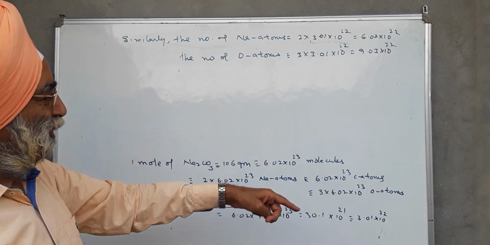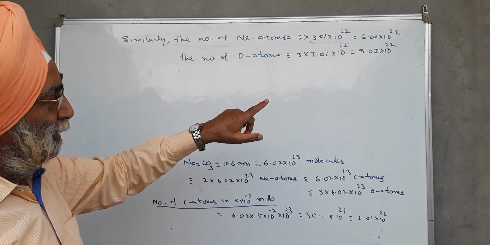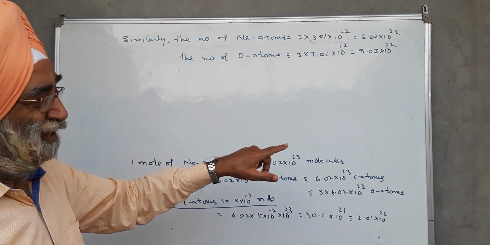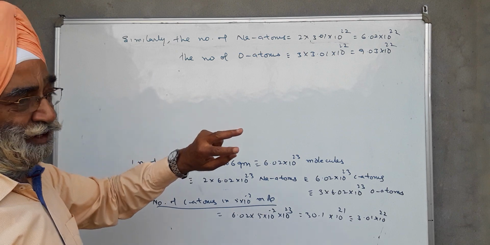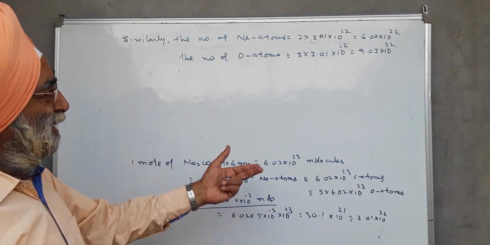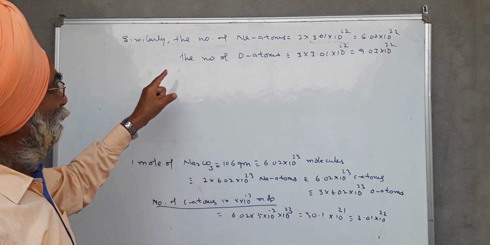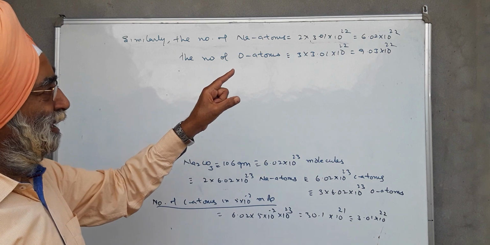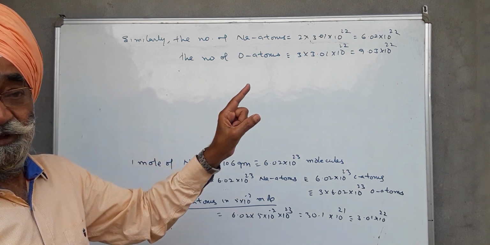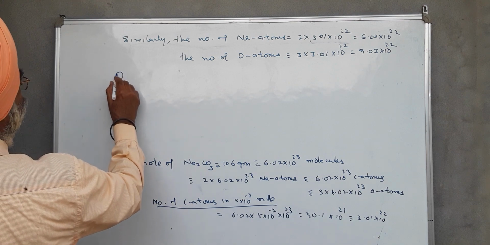So this is how we attempt such problems from elements, from compounds, correlating different elements, correlating different molecules, and extending the concept of moles to the number of atoms of different elements present in one molecule. I gave you one assignment.